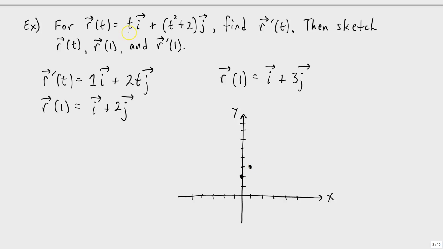So we plug in 2, we'd have 2, 2 squared 4, plus 2, 6. Say we plugged in -1 for t, we'd have -1, 3. Say we plugged in -2, we'd have -2, 6.